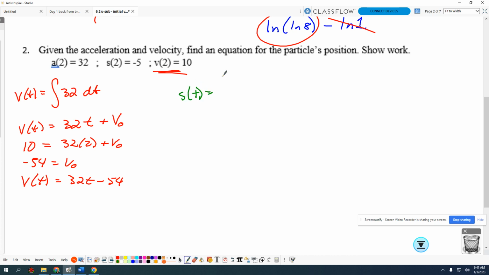So position is the integral of that velocity. So what is it integrated? And solving for that s sub 0, what do I do?